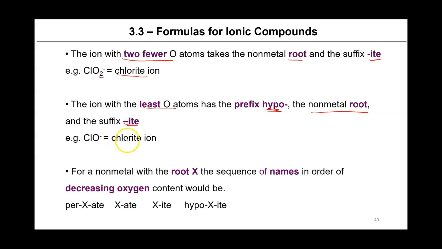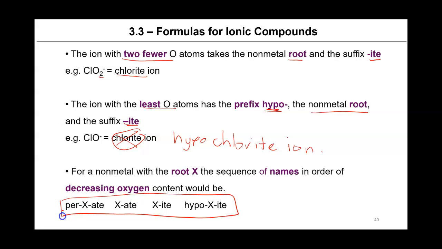So this would be the hypochlorite ion. So the family of 4, the names in order of decreasing oxygen content go per-X-ate, X-ate, X-ite, hypo-X-ite, and X is equal to the non-metal root, which is the first syllable of the non-metal's name.